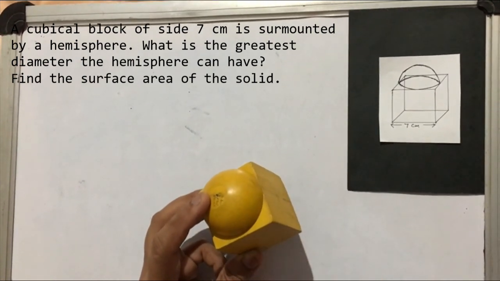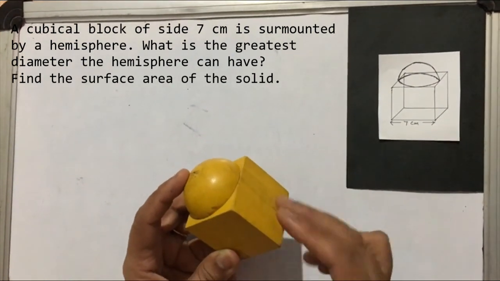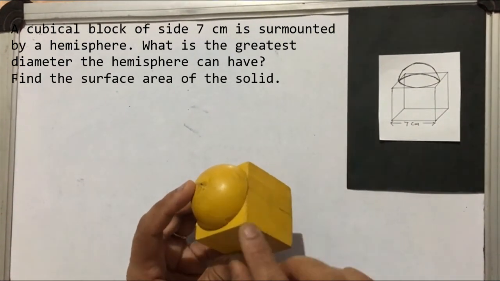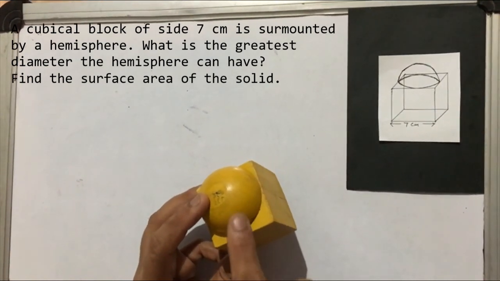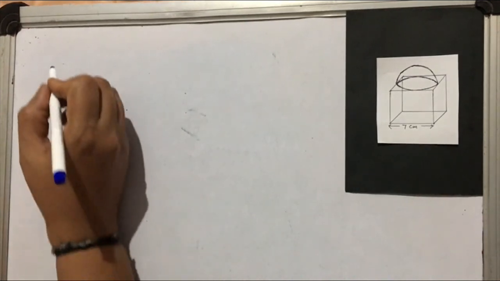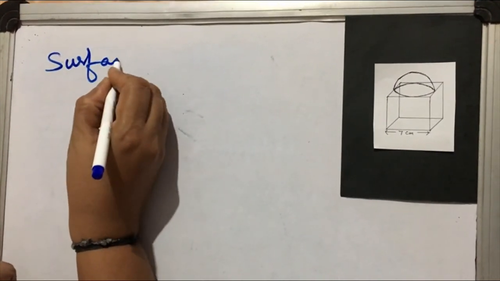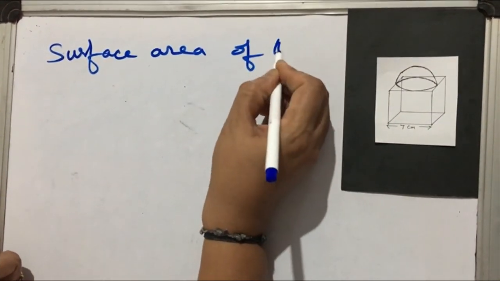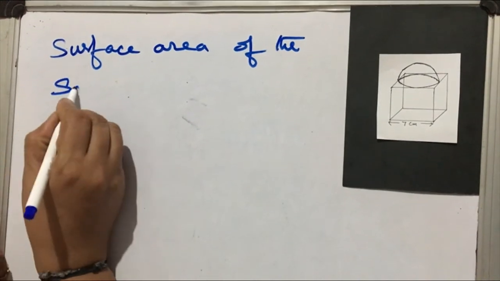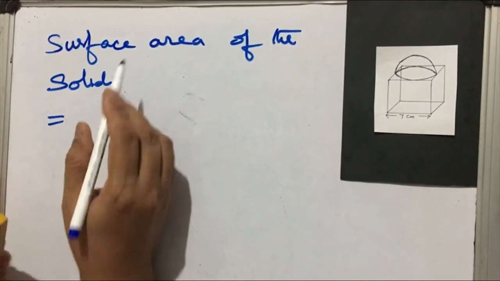Now I am going to find the surface area of this solid as TSA of a cube minus base area of the hemisphere plus CSA of a hemisphere. In this way it comes. Surface area of the solid is equal to, as it is a combined figure, we say surface area.